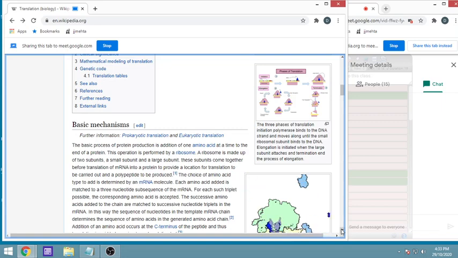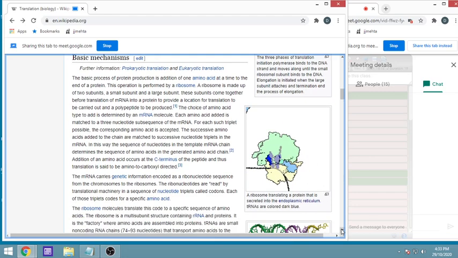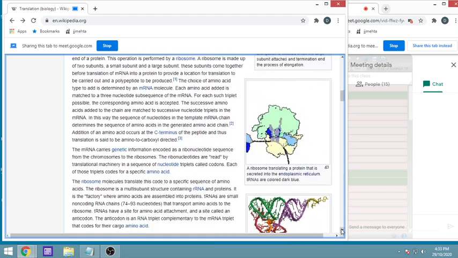The most important thing, as I have told you many times, is the formation of protein. If you can see, there is a very good animation given over here. I don't know whether you can see the cursor or not, but there is a very good animation on this site, the Wikipedia site. See how this is happening.